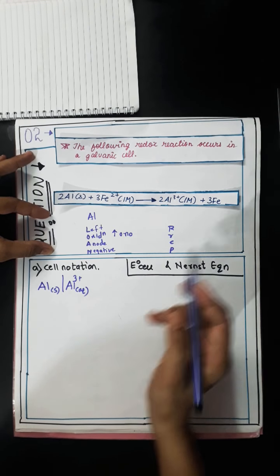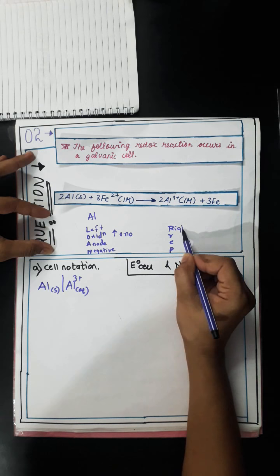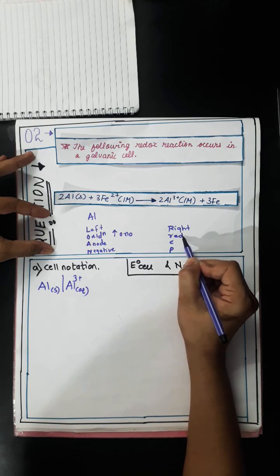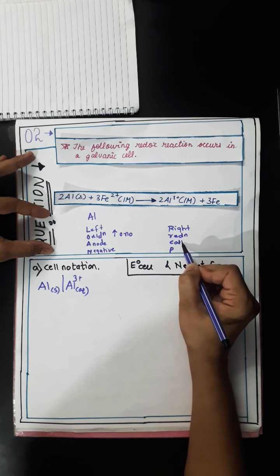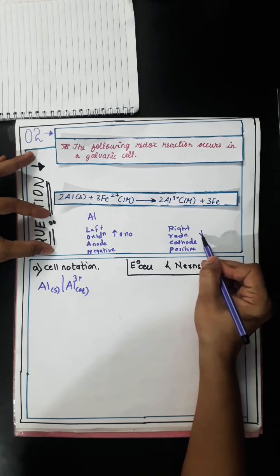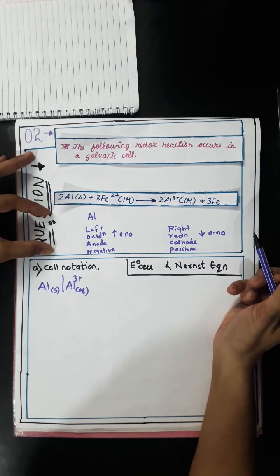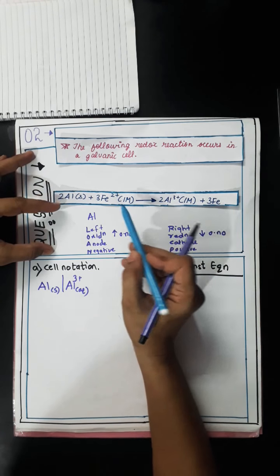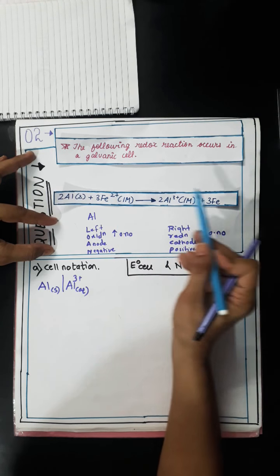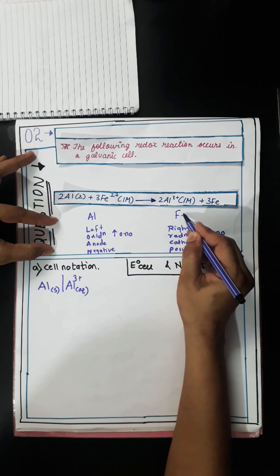Let us move towards the right side. On the right hand side reduction is happening, the cathode is present and the sign would be positive. Reduction is defined as a decrease in oxidation number. If we focus over here, Fe plus 2 is becoming Fe0, so Fe is undergoing reduction.